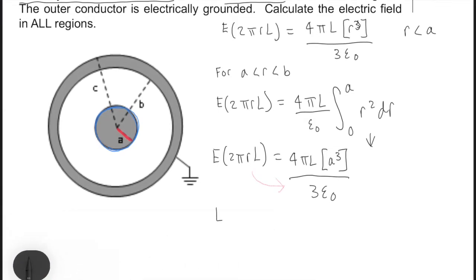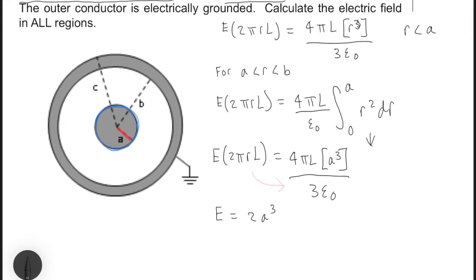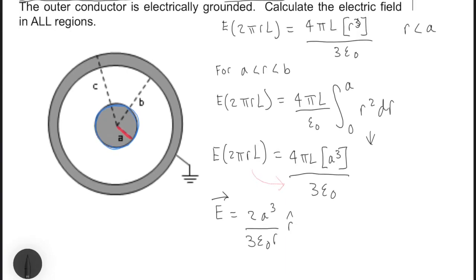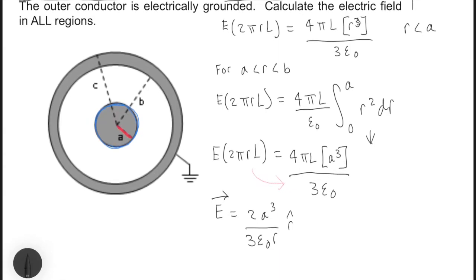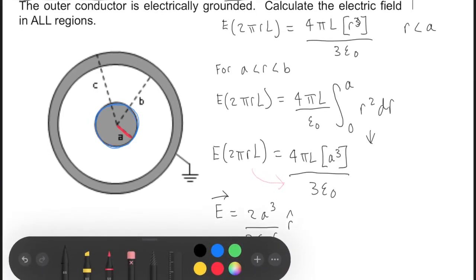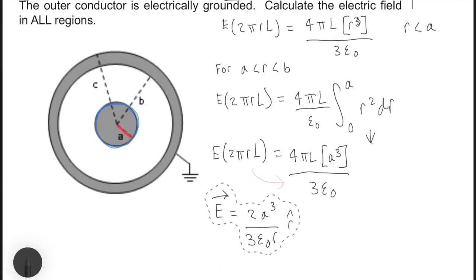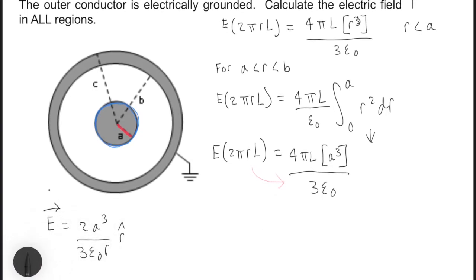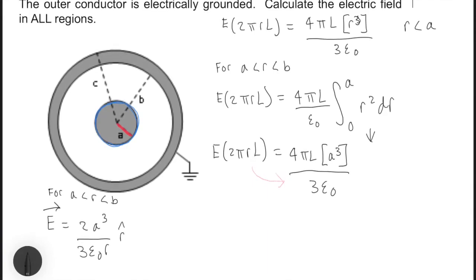So we get E is equal to 2a cubed over 3 epsilon naught r, r hat, unit vector. And the reason why we're using r hat here is because our charge density is with respect to r. So our electric field will be with respect to r as well. So this would be for a less than r less than b.